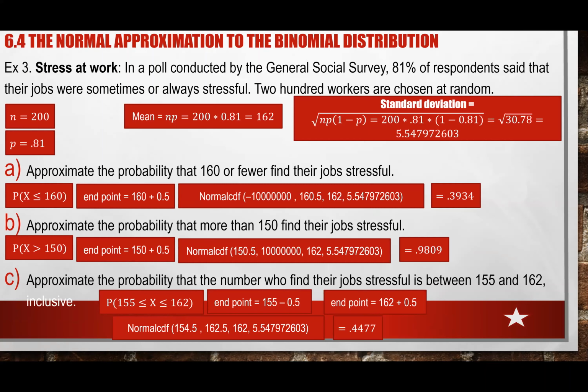And looking at this, the answer is 0.4477. The only thing they can ask you in terms of inverse norm is: between what two values is the middle 44 or 45%?